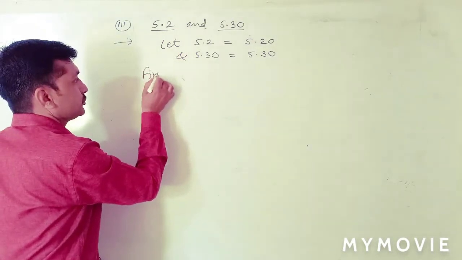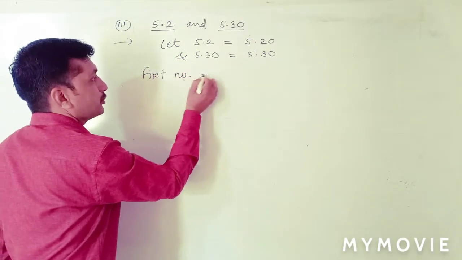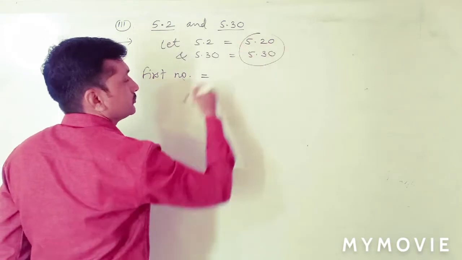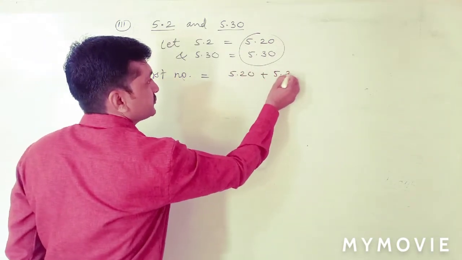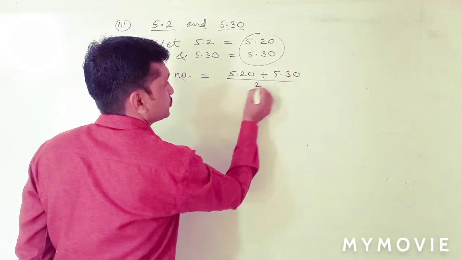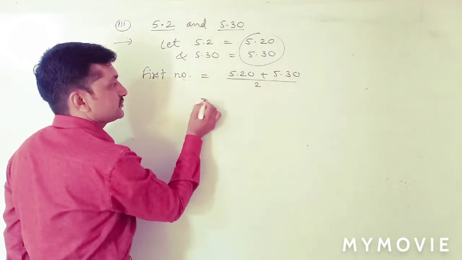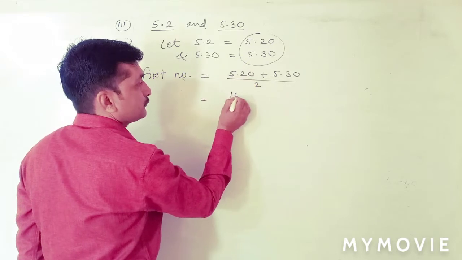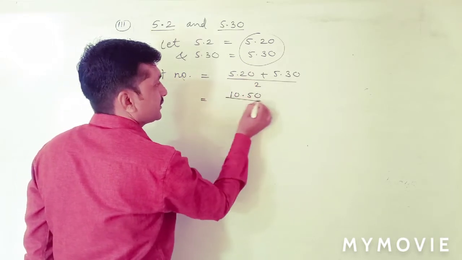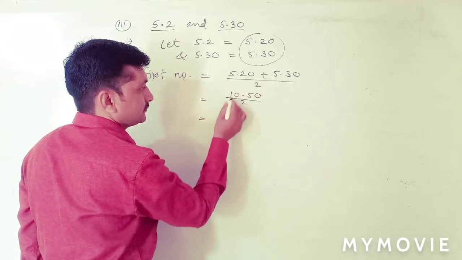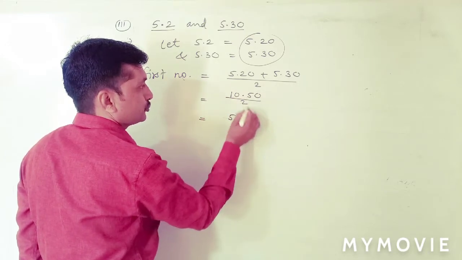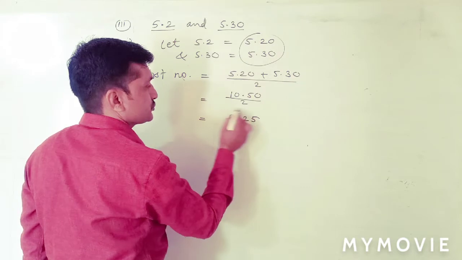First number is equal to the average of these two. 5.20 plus 5.30 divided by 2. Addition is 10.50 divided by 2. Then 2 5s are 10, 2 2s are 4, 2 5s are 10. First number we got.